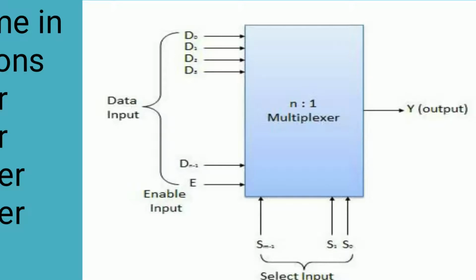Someone is watching a live show, it may be on the internet or on television. In that case we have to transmit the data simultaneously. At the same time we have to transmit audio, and at the same time we have to transmit video. So multiple data you want to transmit.